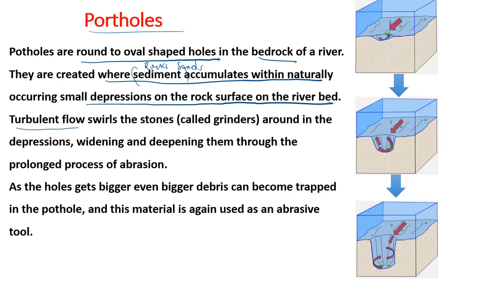Now, you have turbulent flow, which swirls the stones called grinders. So these stones inside will now occur as turbulent flow where the water moves in this pattern within those small depressions. So once that happens, abrasion is what will take place, like sandpapering, where the stone rubs against the bedrock, making it become wider and deeper.